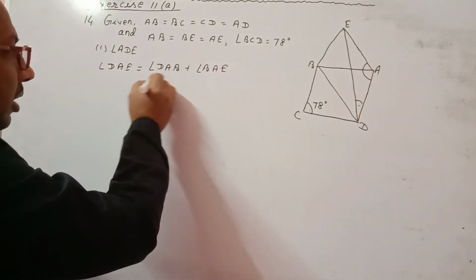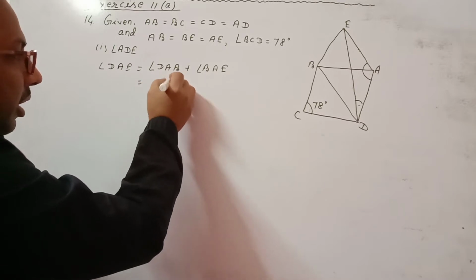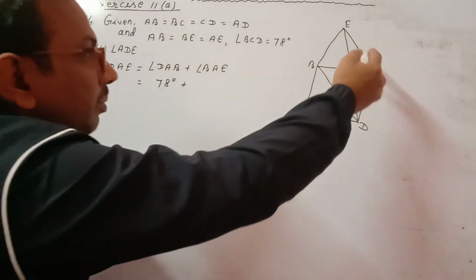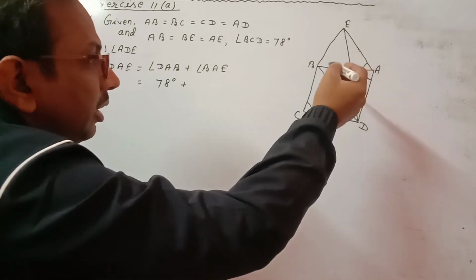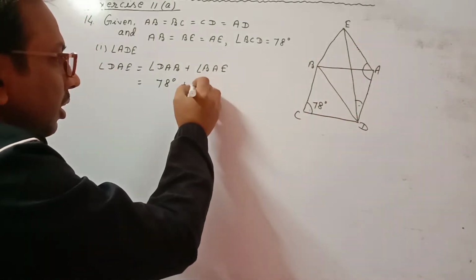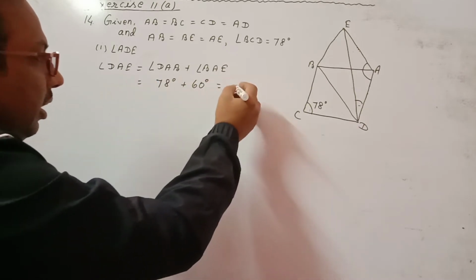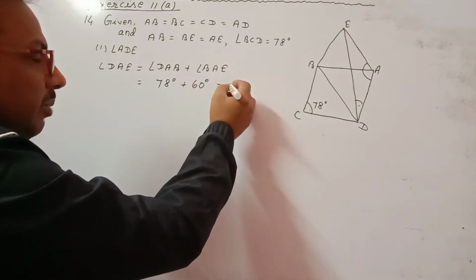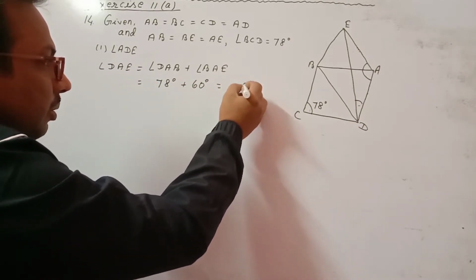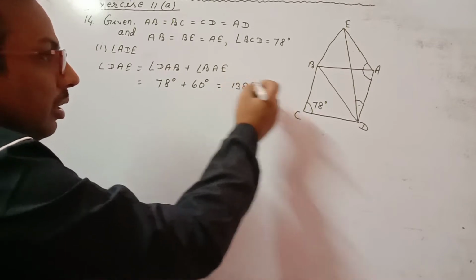Therefore, at this place we write 78 degree plus angle BAE, which is an angle of an equilateral triangle, that is equal to 60 degree. In this way we get angle DAE equal to 78 degree plus 60 degree, that is equal to 138 degree.